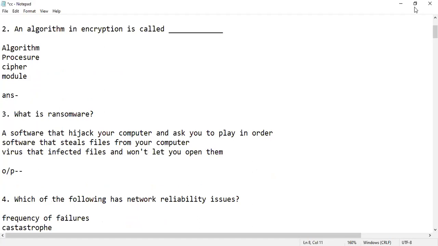So the answer for the second question: an algorithm in encryption is called a cipher.